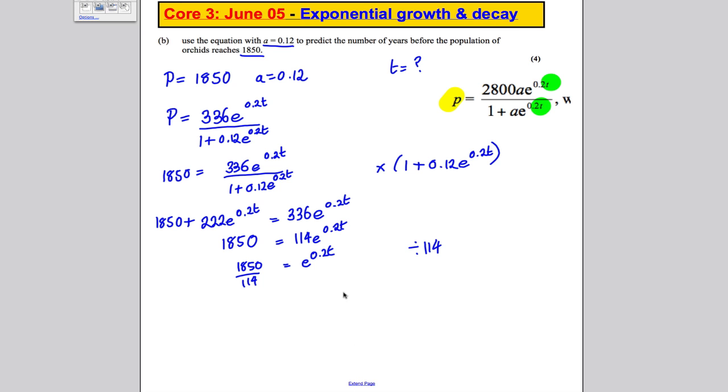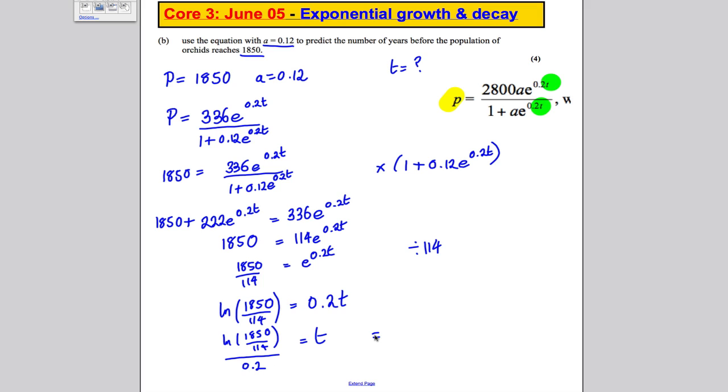And take ln of both sides and bring the 0.2t down. So 0.2t is ln of 1850 over 114. And to get t, you divide by 0.2, so it's ln of 1850 over 114, all of that divided by 0.2.